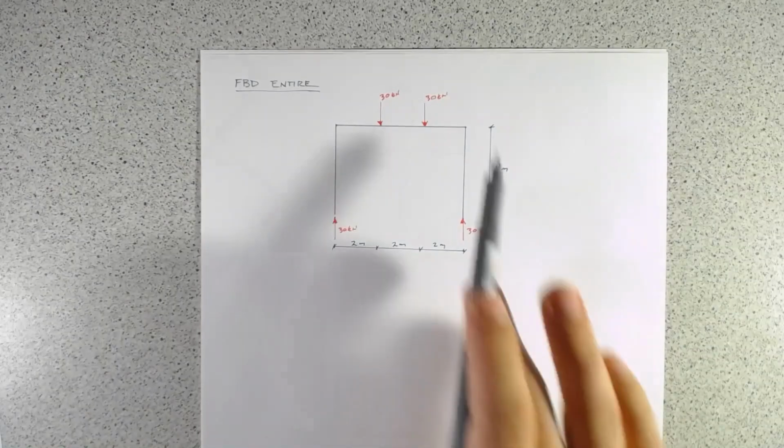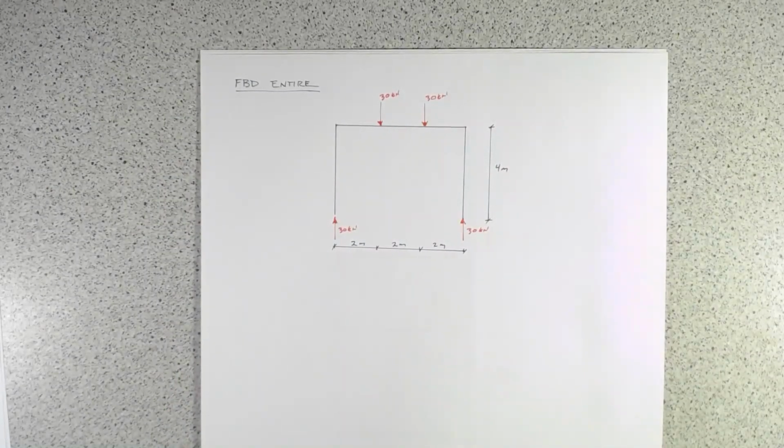So if this is the free body diagram of the entire structure, I'm going to draw 3 different free body diagrams to demonstrate the principle that we brought up in the last video. As we are drawing this, we need to keep in mind Newton's third law, that we have equal and opposite reactions.